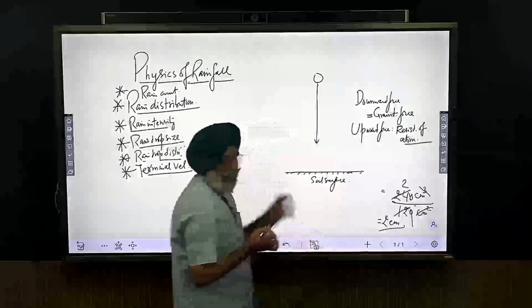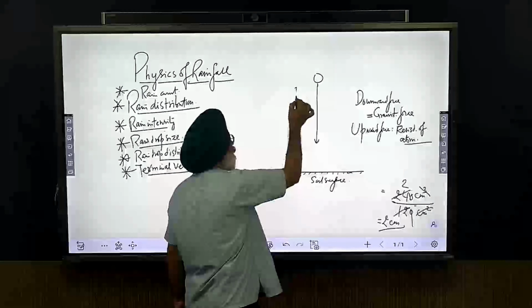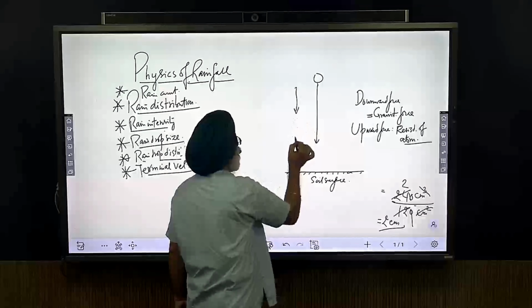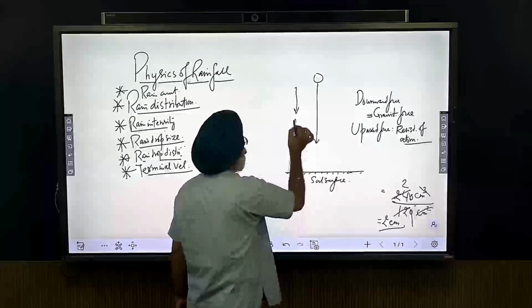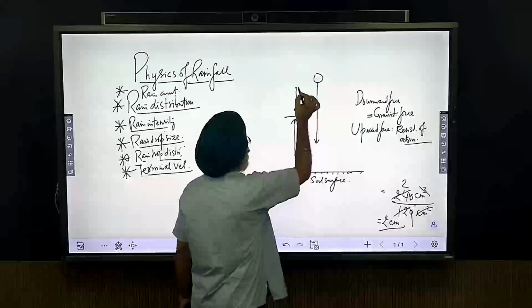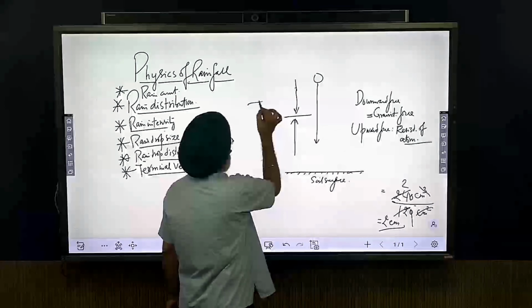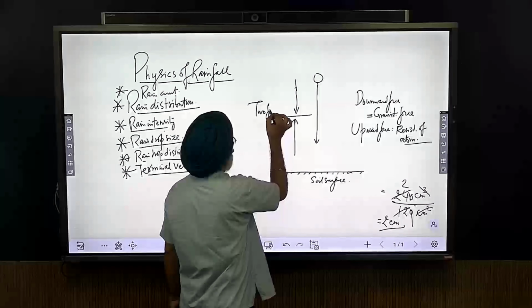Then at one height, this downward force becomes equal to the upward force. Here the two forces become equal.